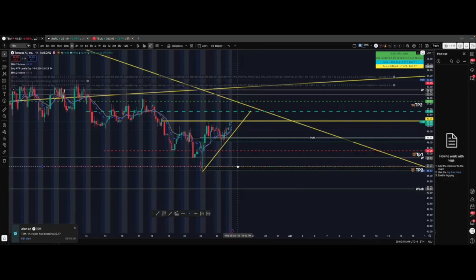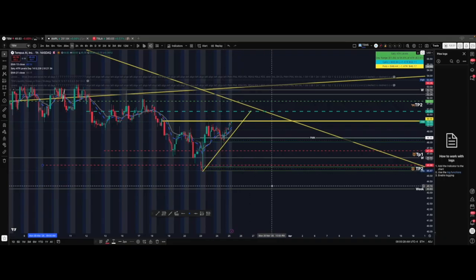And then I would use this supply zone as my second take profit, and I probably would move it up in case, because you don't want to play around too close to that supply zone because you don't know if it's just going to make a rapid bounce on you. So I probably would take profit before that, and that's what I have.